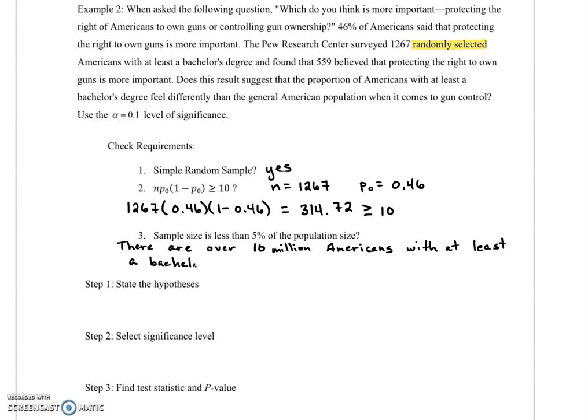And since there are so many, that means that 1,267 people, now bear in mind these people are Americans with at least a bachelor's degree, is less than 5% of the population.